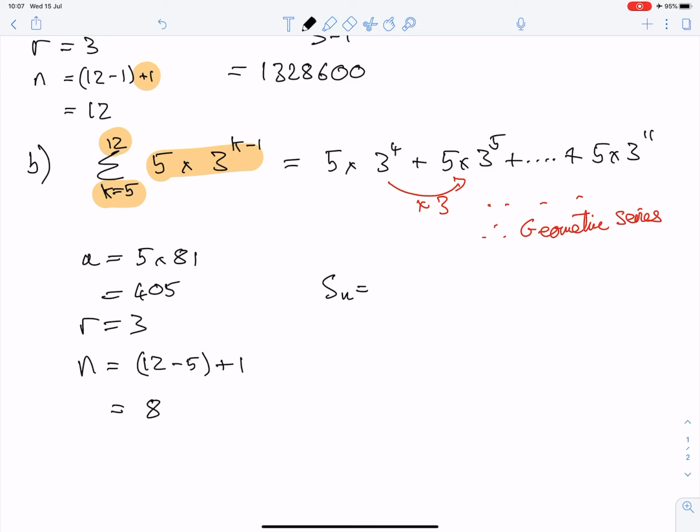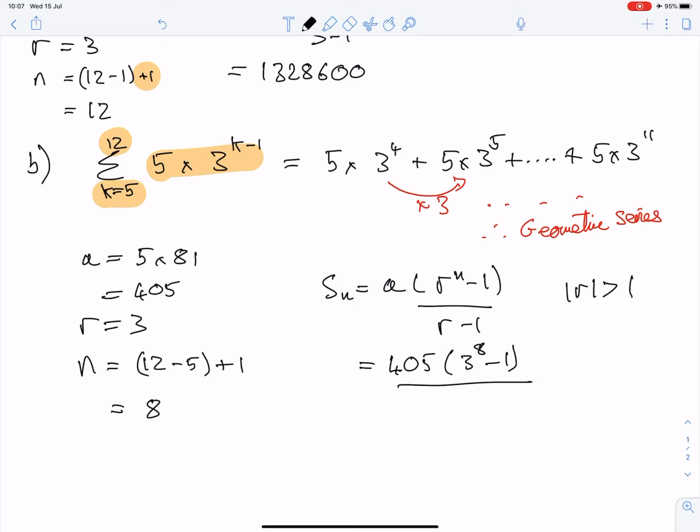So Sn equals a lots of r to the n, take away 1, over r minus 1. And we're using that because the modulus of r is greater than 1. Substitute in 405 times 3 to the 8, take away 1, divided by 3 minus 1.